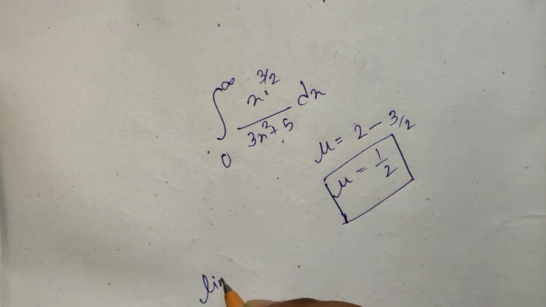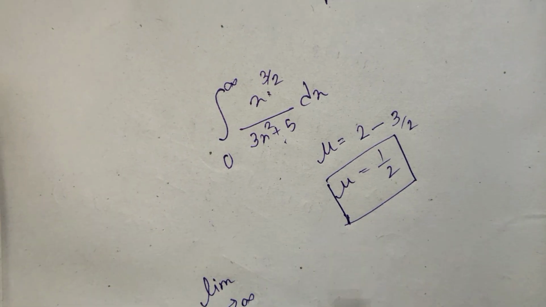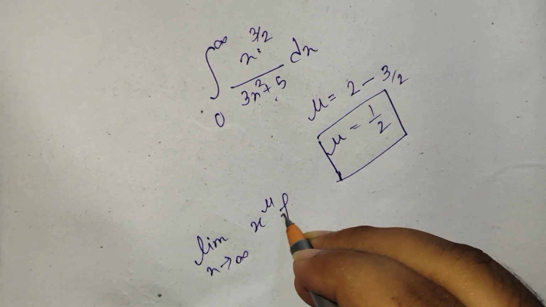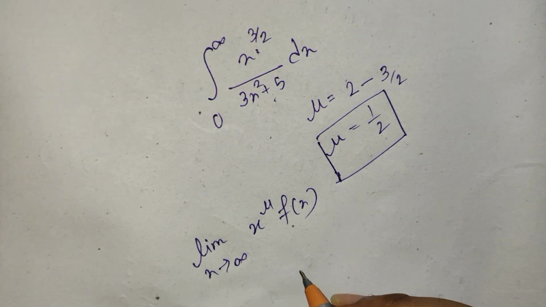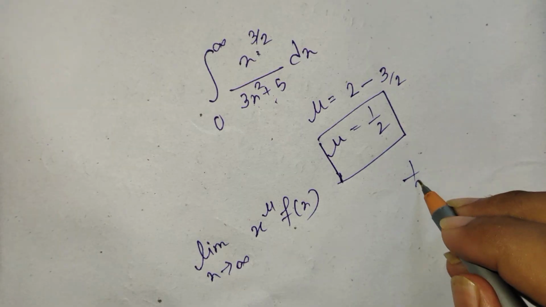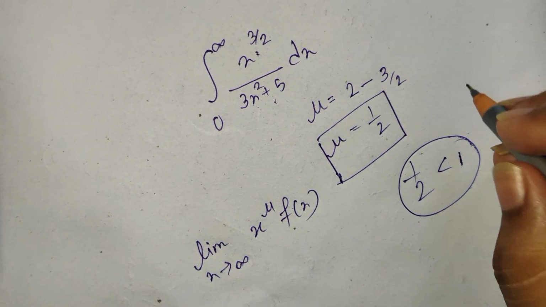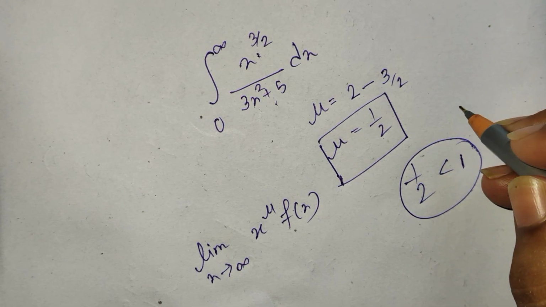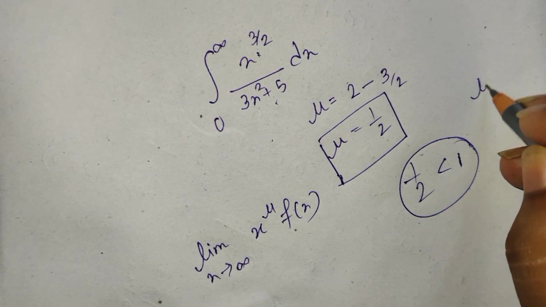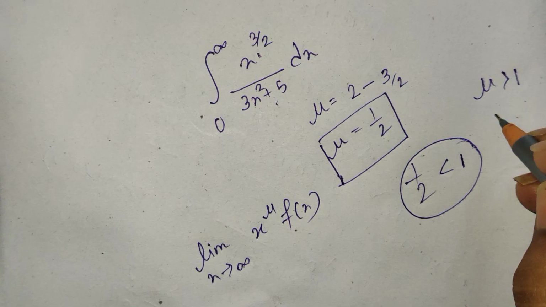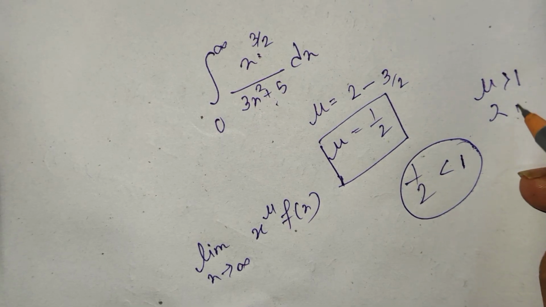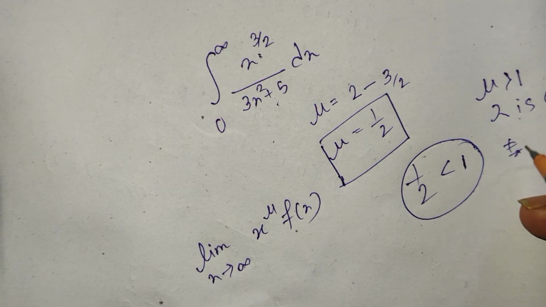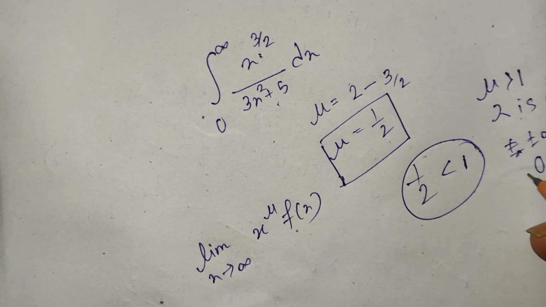We have to find the limit x tending to infinity of x to the power mu f(x). Now mu is half, and half is less than 1. For testing the convergence, the first rule is mu greater than 1 and lambda is a constant, not equal to plus minus infinity and not equal to 0.